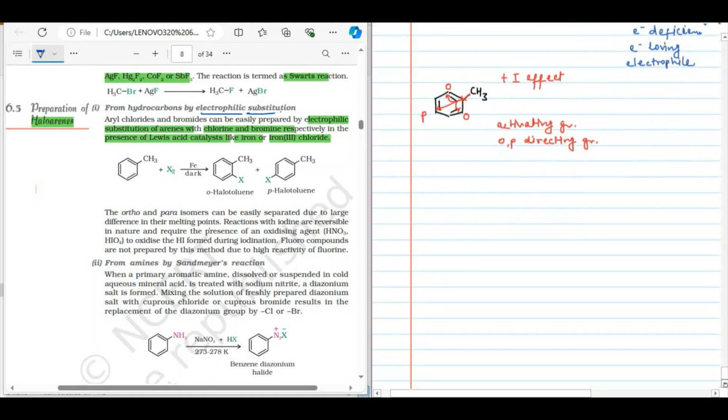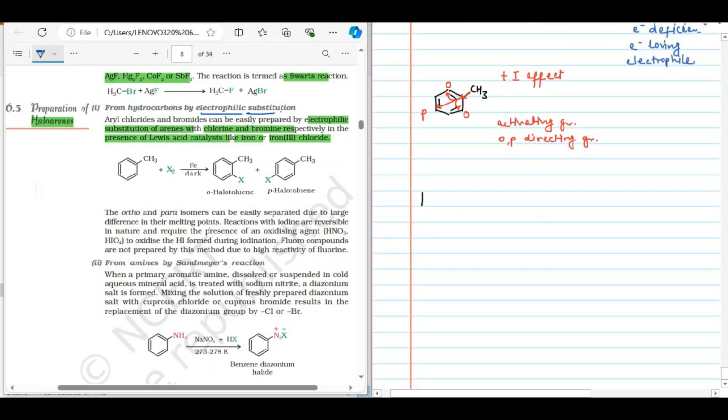So let's take one example. This is toluene in which a CH3 group is bonded to benzene. When it reacts with Cl2 in presence of FeCl3 in dark, the Cl positive electrophile will be generated and will attach either at the ortho position or at the para position. When it attaches to the ortho position, it results in the formation of the ortho derivative.